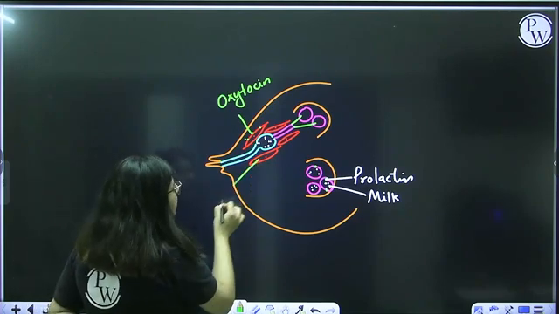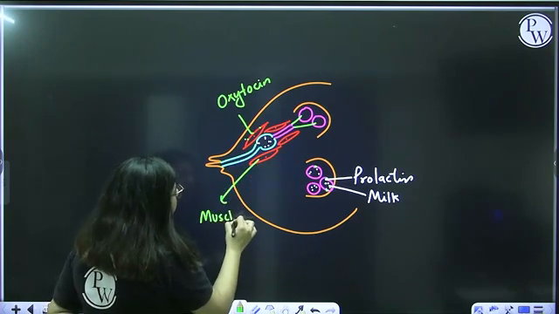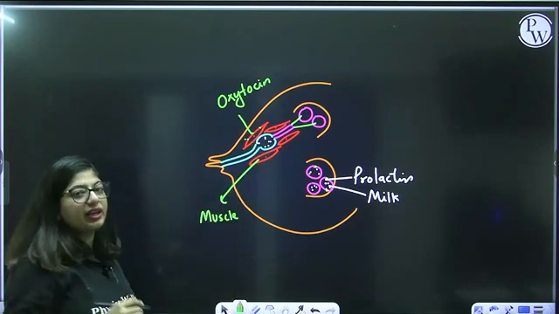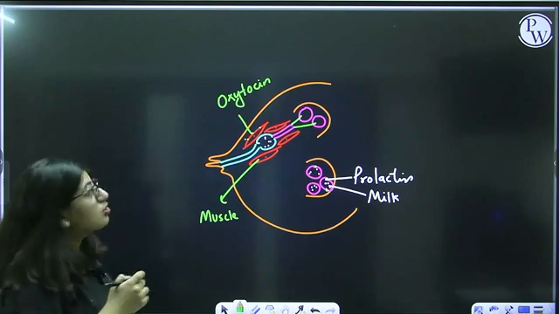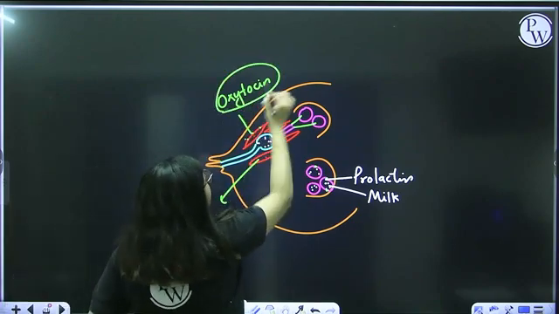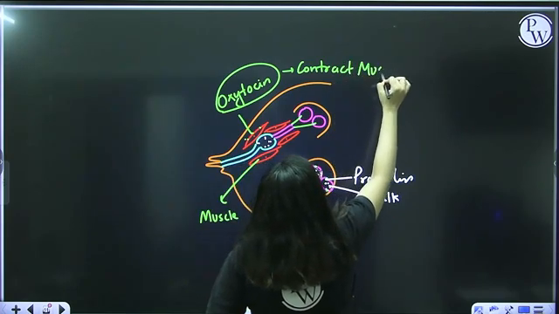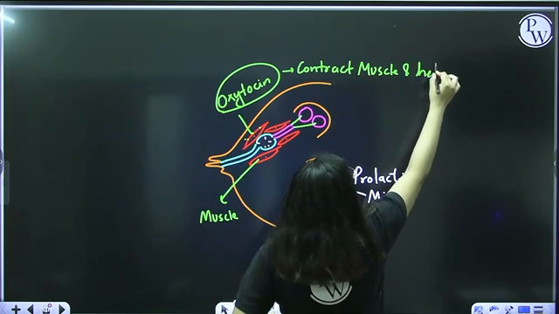So when oxytocin binds, these muscles will undergo contraction and milk will let down. So the function of oxytocin is to contract the muscle and help in milk let down.